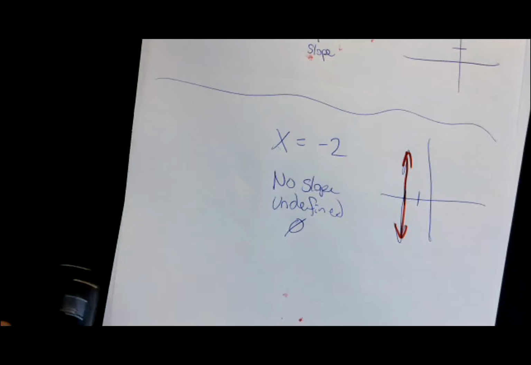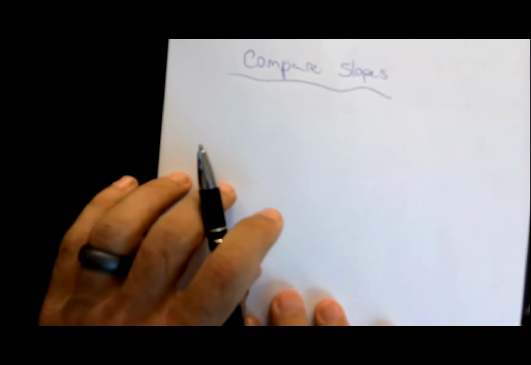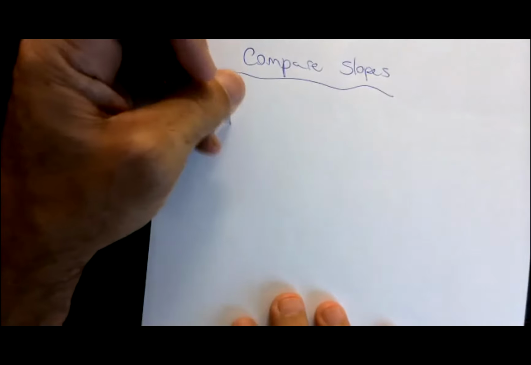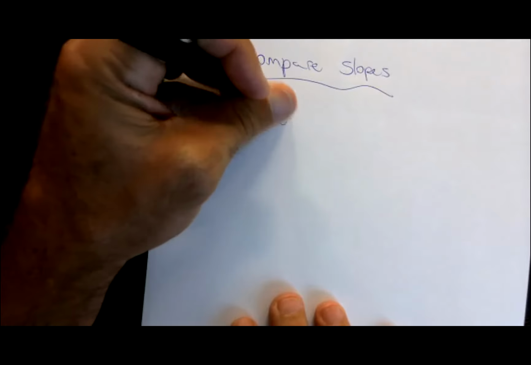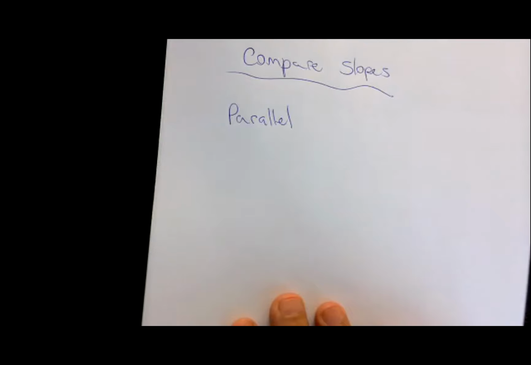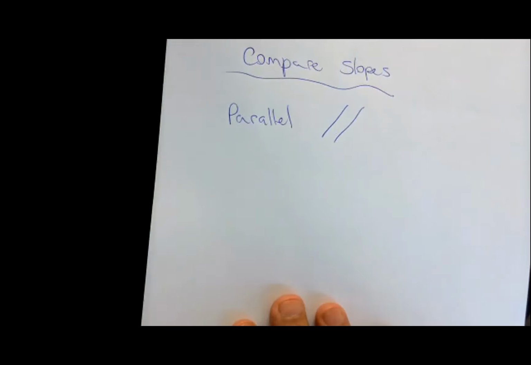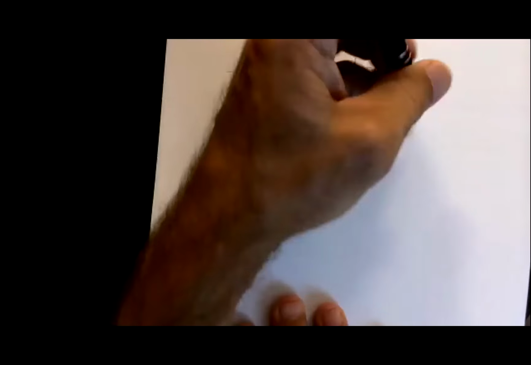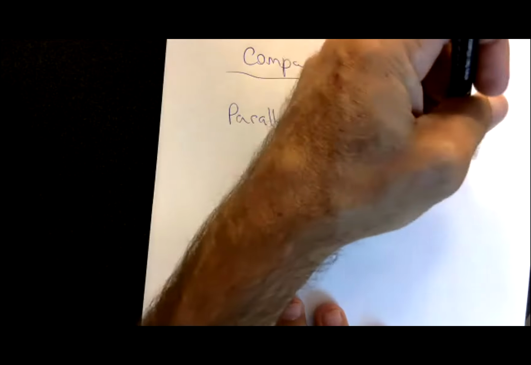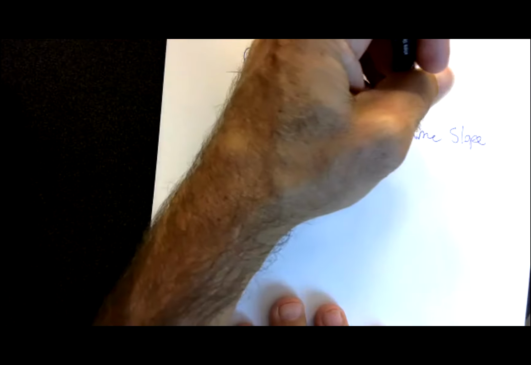All right, the last thing that they will ask is they may ask you to compare slopes. Okay, parallel lines run side by side and will not ever cross because they have the exact same slope.